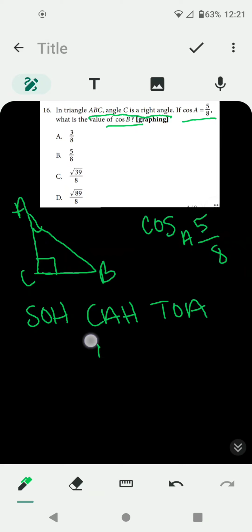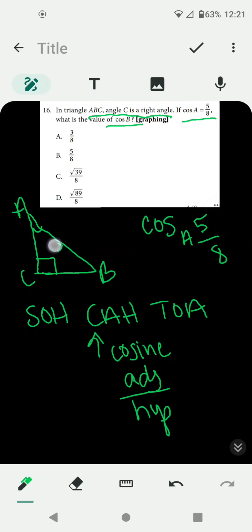You want this one right here, which is cosine, and it is the adjacent side over the hypotenuse. Your hypotenuse is always going to be straight across or diagonal from the right angle. It says that our hypotenuse is 8, and then the adjacent side, which is right beside A, is going to be 5.